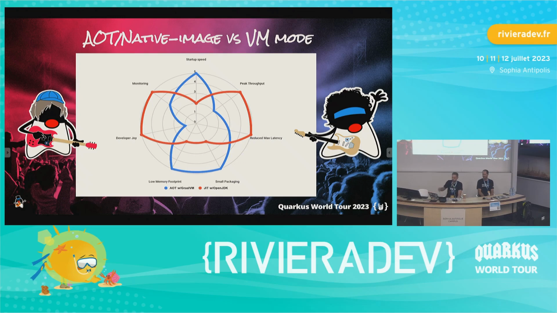But if you want the smallest memory footprint and the fastest startup time, then you might want to consider native compilation for your application. So it really depends on your use case. Quarkus on the JVM starts up pretty fast too, but if you want very small footprints and the fastest startup time, then you might want to consider native compilation.